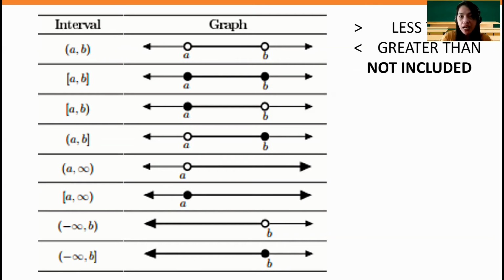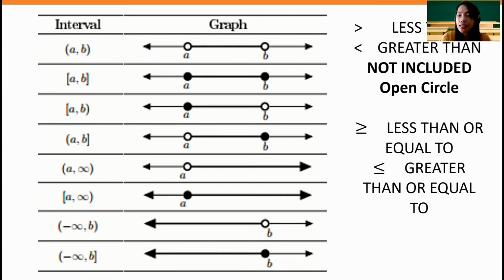So, gagamit ka sa number line ng open circle. Kapag ang mga symbol naman na nandun sa rational inequality ay less than or equal to or greater than or equal to, ibig sabihin ang mga critical numbers ay included sa set.